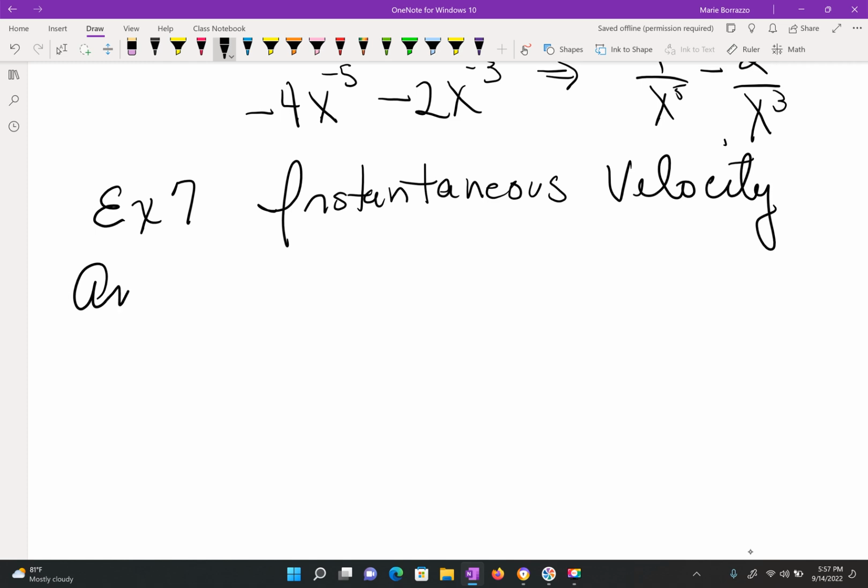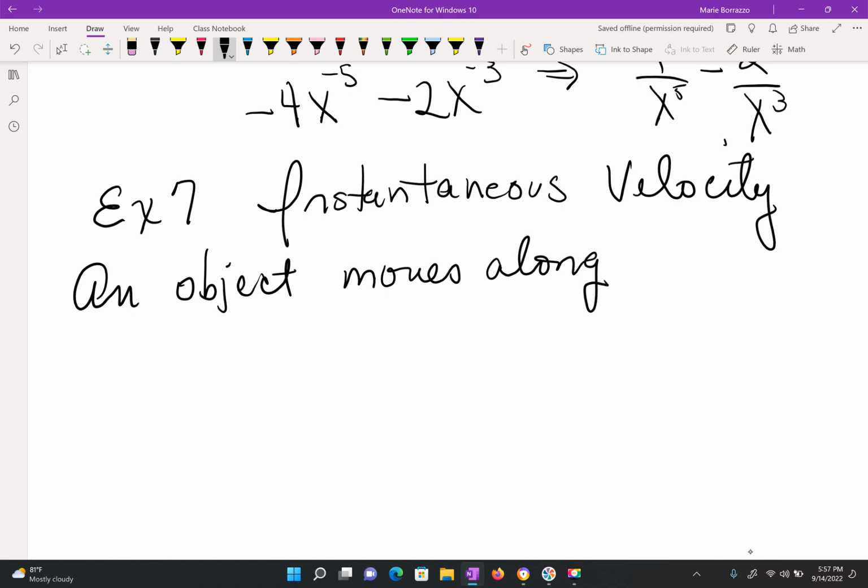And so the question says an object moves along the y-axis.